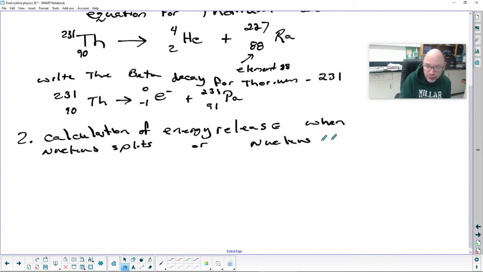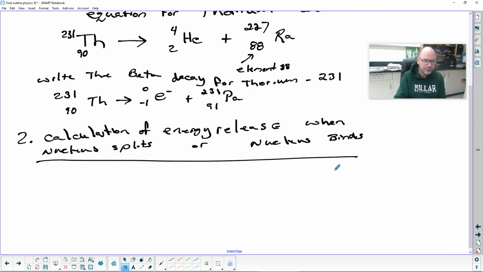Going a little too fast. Okay, so just to mention it, this is the big area of the modern physics, using E equals mc squared, so totaling up one side of the equation and the other side of the equation, or doing a nuclear binding energy. In fact, they probably will have both on there.